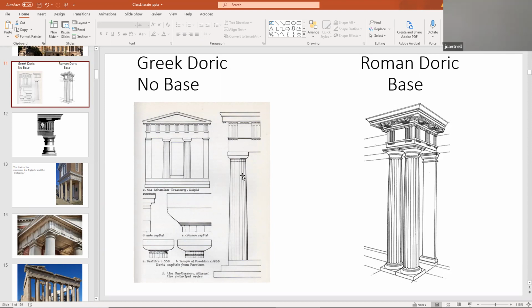What's interesting is that the capital is actually an elliptical section. In Roman Doric, it's a complete semicircular section.